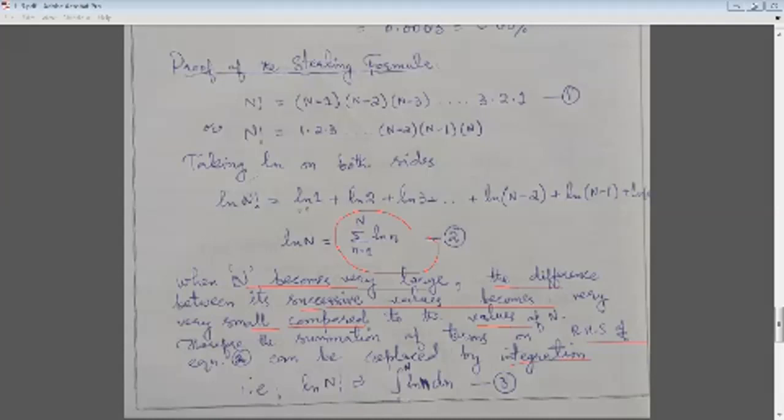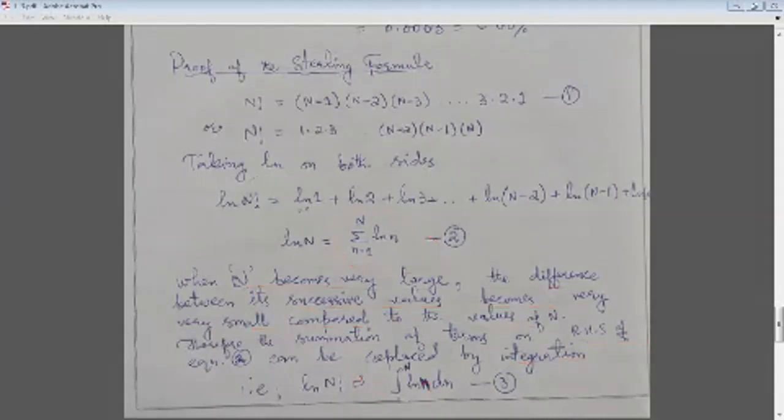Okay, so I can write ln of N factorial is approximately equal to the integral from 1 to N of ln n dn, where small n is the variable and capital N is the total number of molecules, or total number of entities. That means I have replaced this summation by the integration.